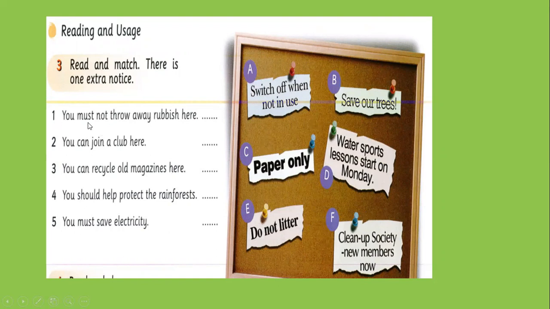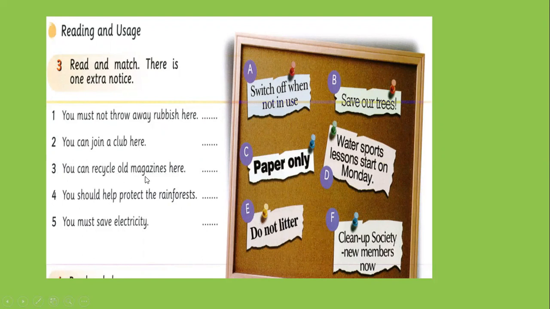Number 1, you must not throw away rubbish here. So paper only, no. You mustn't throw, do not litter. It means don't drop litter here, okay? You can join a club here. Club, clean up society, new members now. Number 3, you can recycle old magazines here.